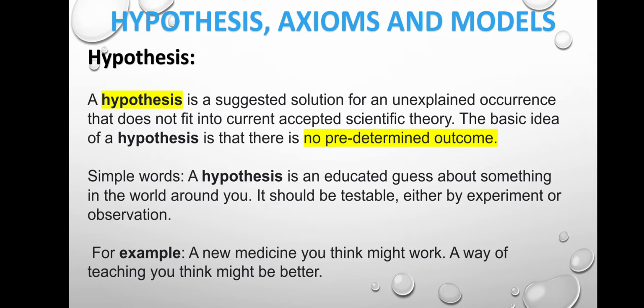Okay, now in simple words, a hypothesis is an educated guess about something in the world around you. It should be testable either by experiment or observation, right? So see, even Niels Bohr, even Newton's laws, right? All these scientists assumed certain things before they proved that law.